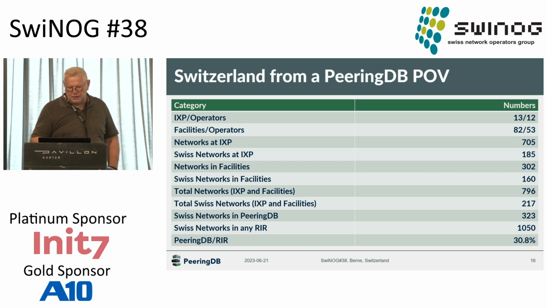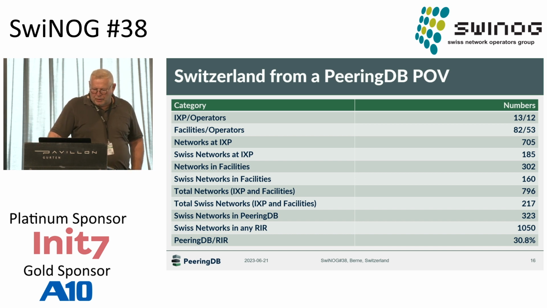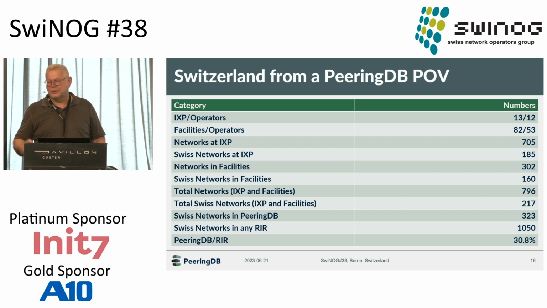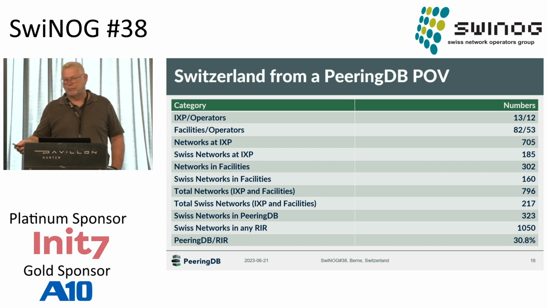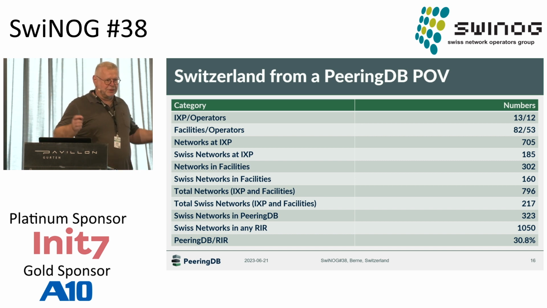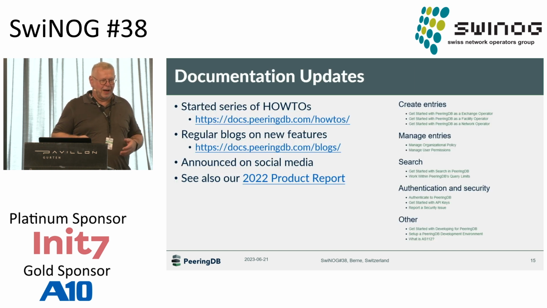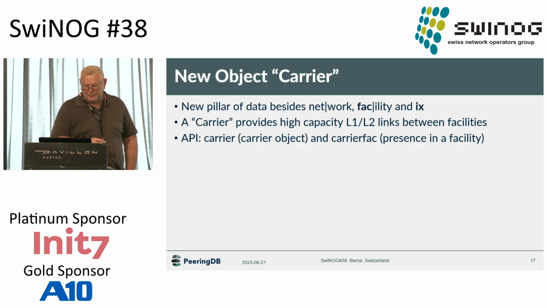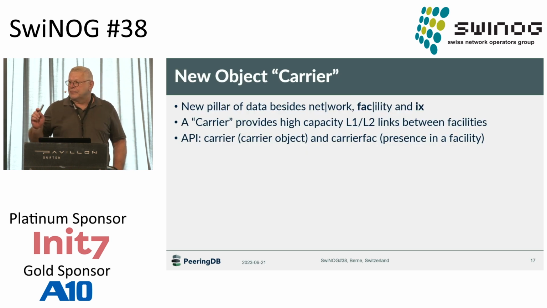It's interesting: I see 10,050 ASNs in the RIR and only 323 in PeeringDB. So there is also room for improvement, because you only get an ASN if you at least tell RIPE you want to peer. So we talked about it.